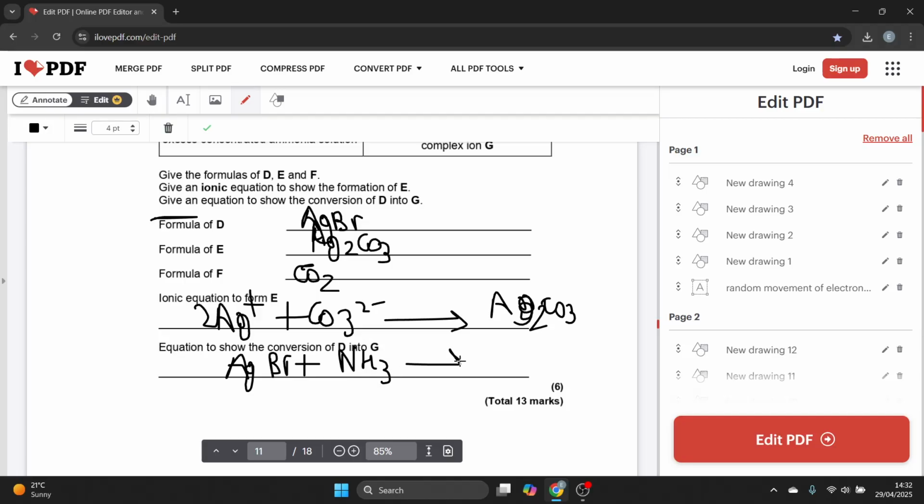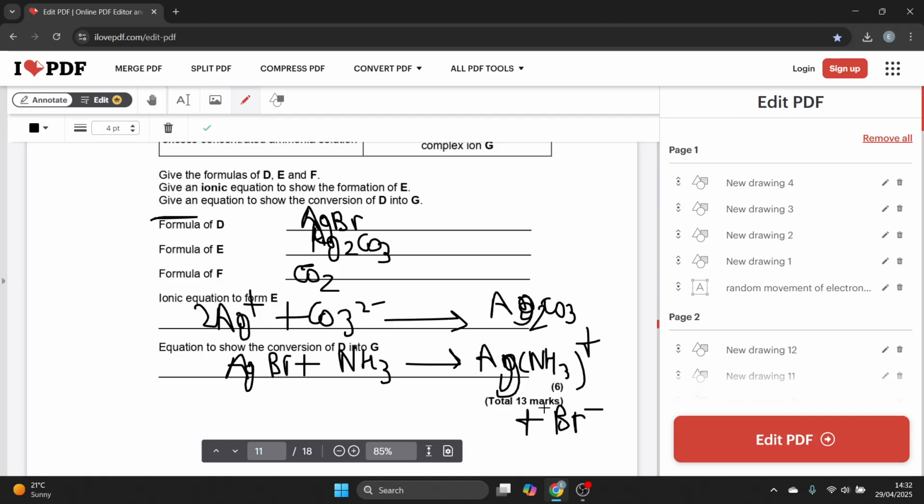And what am I going to form? I'm going to form Ag(NH3)2+, that's going to be positively charged, and that's going to be Br minus, which is negatively charged.